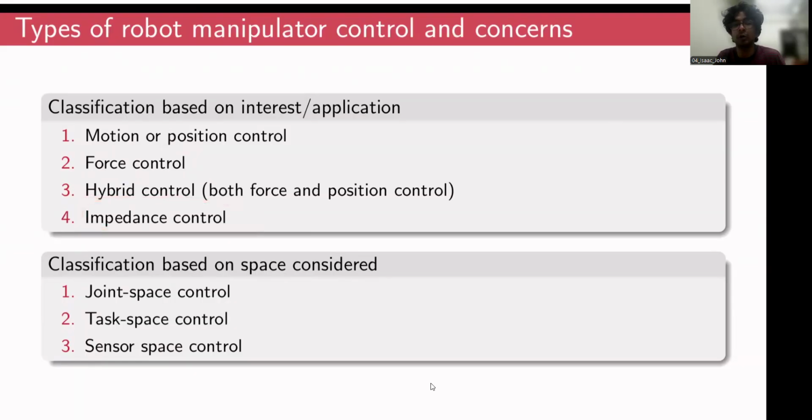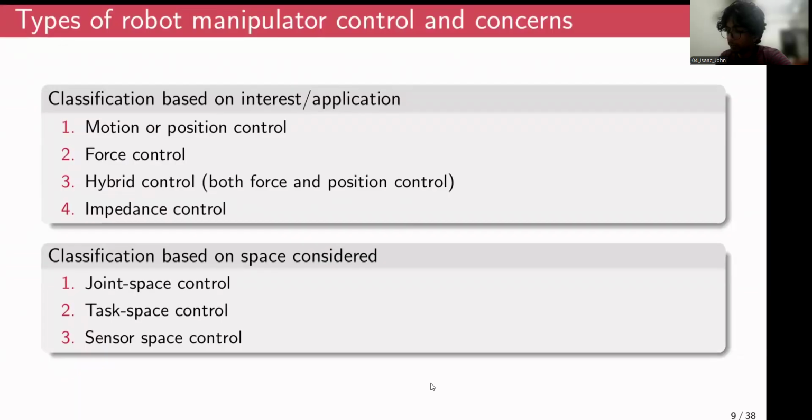And then impedance control. If the robot has to interact with the environment, the change in impedance due to interaction with the external environment, due to contact with foreign bodies or with human beings, comes under impedance control, especially for interactive applications.